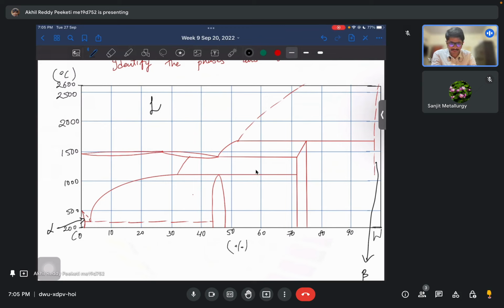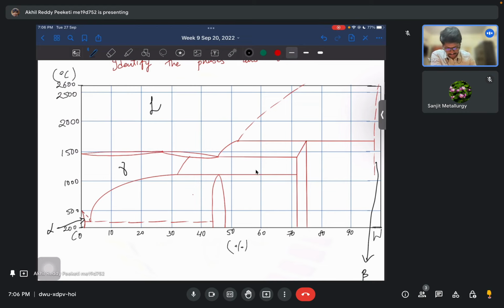Now we need to identify the other phases. So here if you see, the liquid turns into some kind of solid solution after solidifying. So that would be beta, or we are already given beta. So this we can take as gamma. And we have here interalloy phases or intermetallic phases.